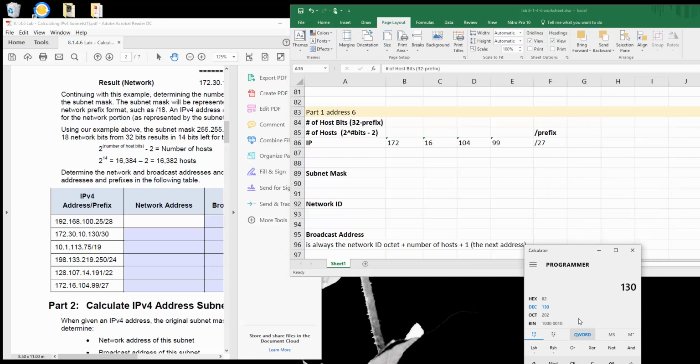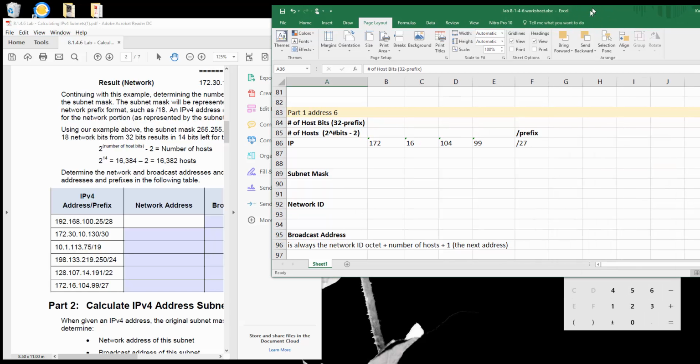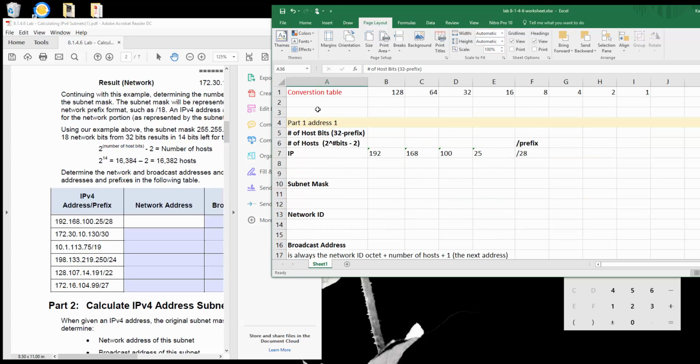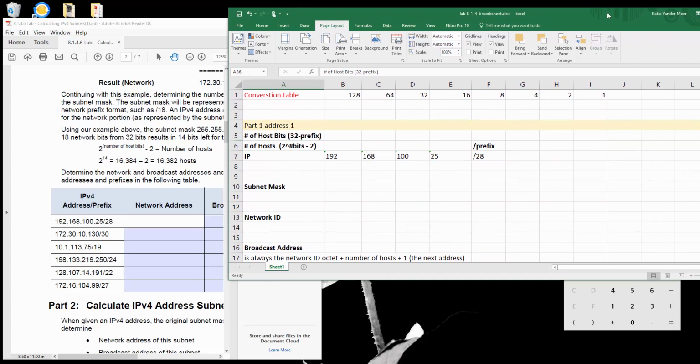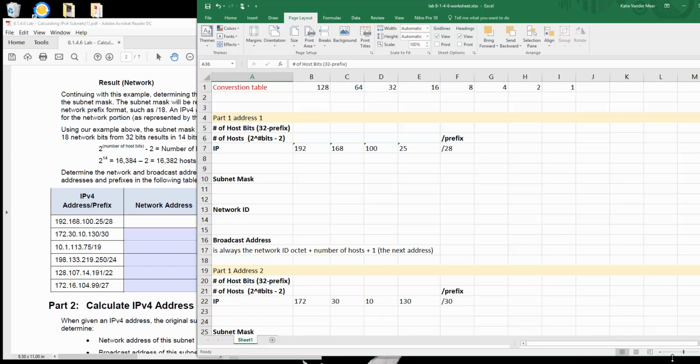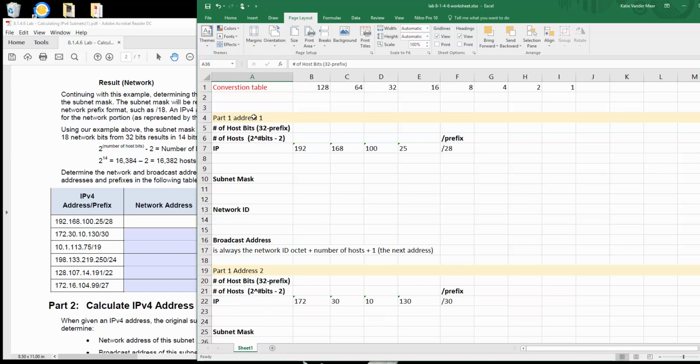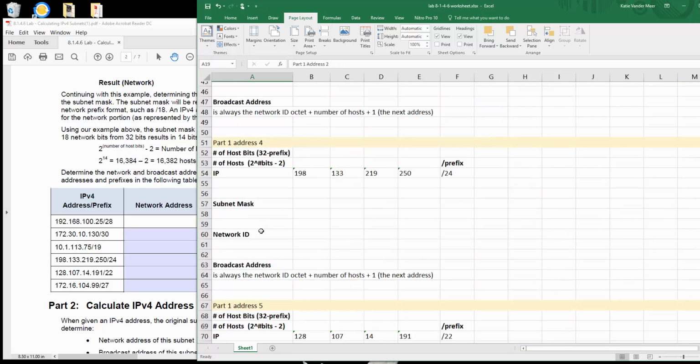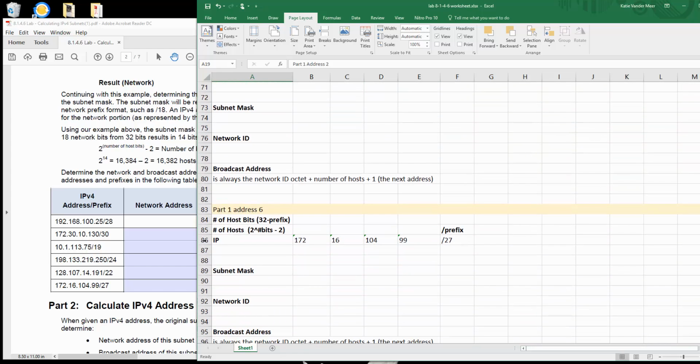And I have also my Excel spreadsheet that I use for this lab. And I'll post this Excel worksheet out in Blackboard too. It might help you. All it is: part 1, address 1, address 2, address 3, 4, 5, and 6.